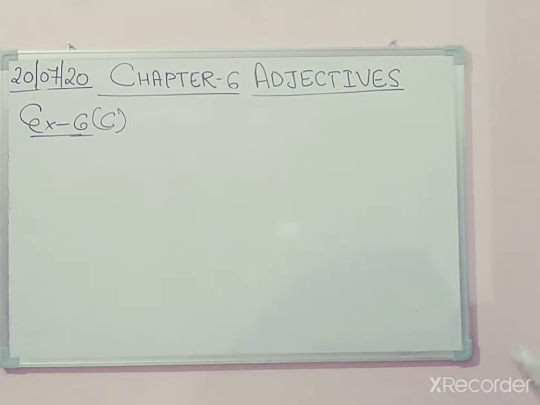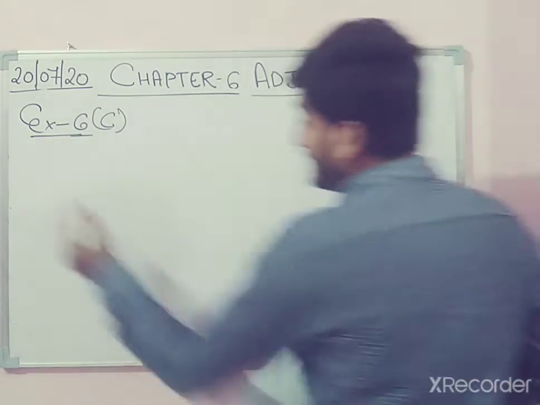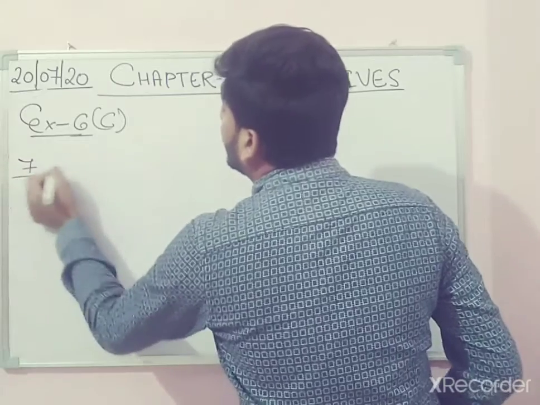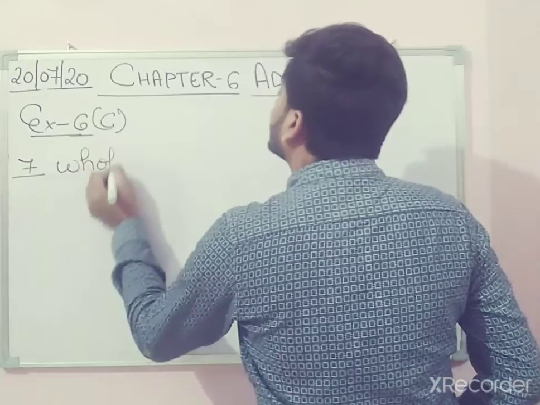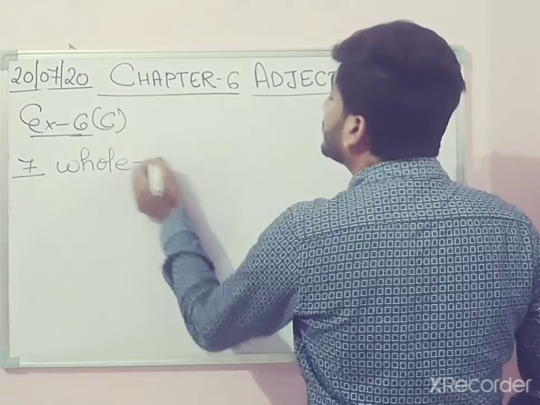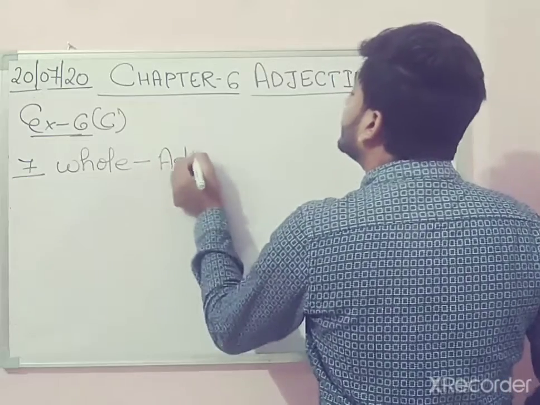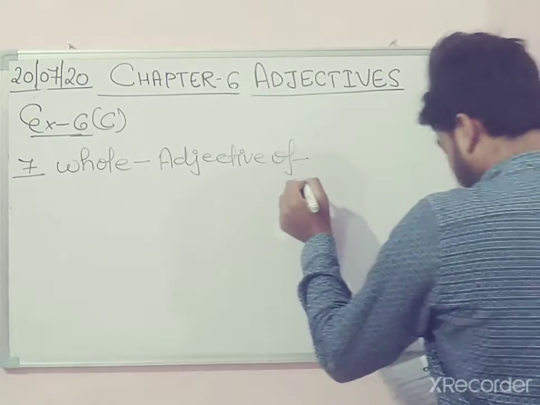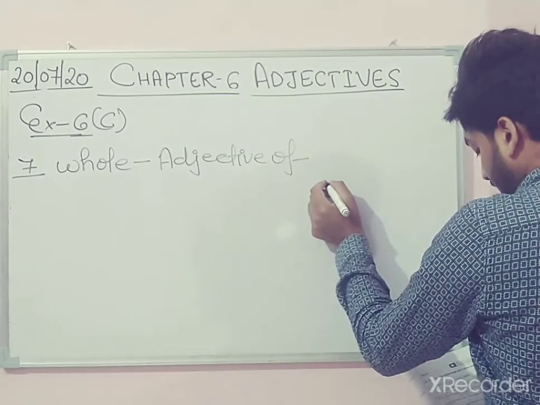Number 7, the whole market was lit with bright lights. Okay. Whole market. Okay, we cannot count market. That means it's adjective of quantity.